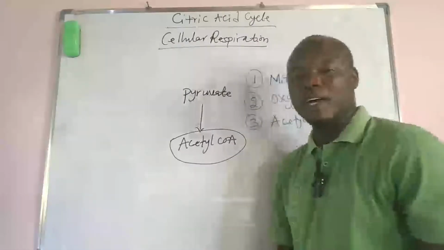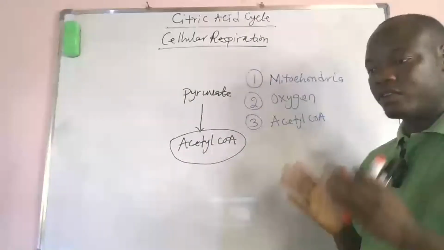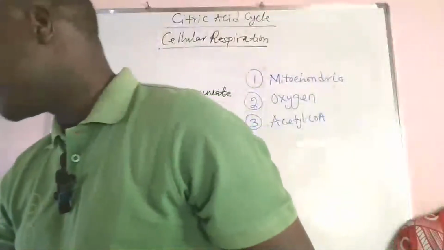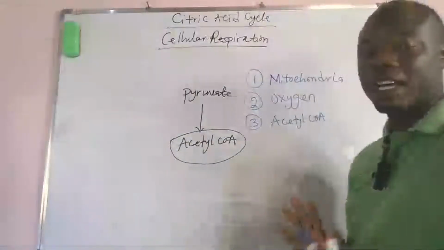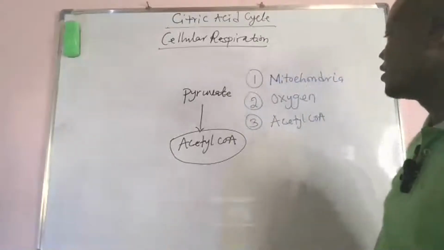Okay. So as I said, first there must be mitochondria, second there must be oxygen, and there must be acetyl-CoA. So you need the following. Then what next?